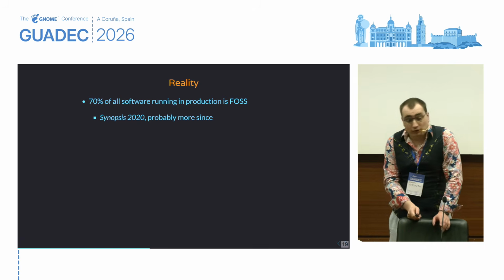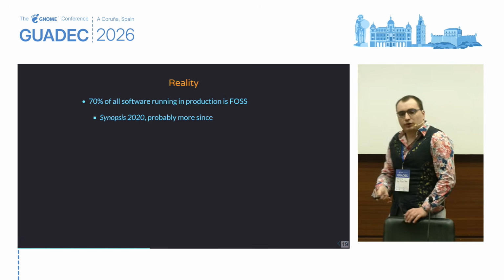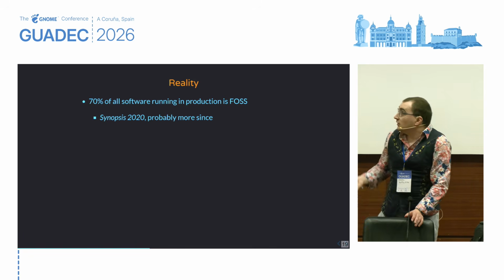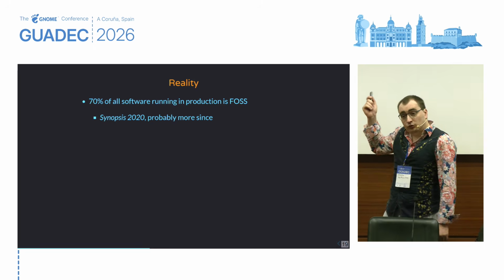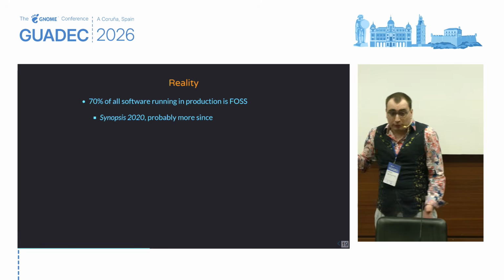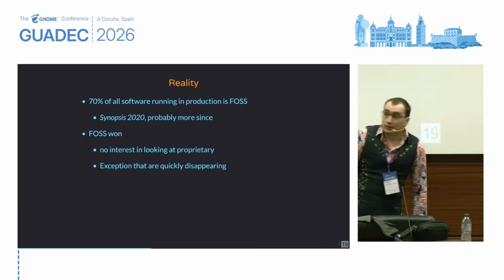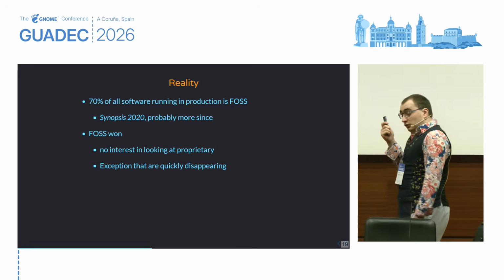Now, that doesn't mean that there is no one writing proprietary software, or that the software that is constituted of all these free and open software is not sold or presented as a proprietary one. The reality is, if you want to enact change, free and open source software is where you do it. Because proprietary software is so small a part that it doesn't matter. So there are exceptions to that.